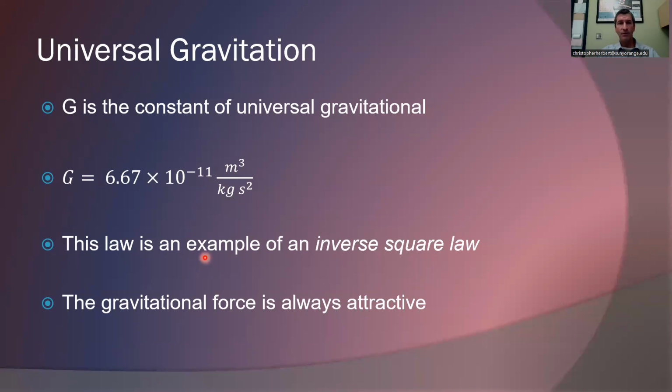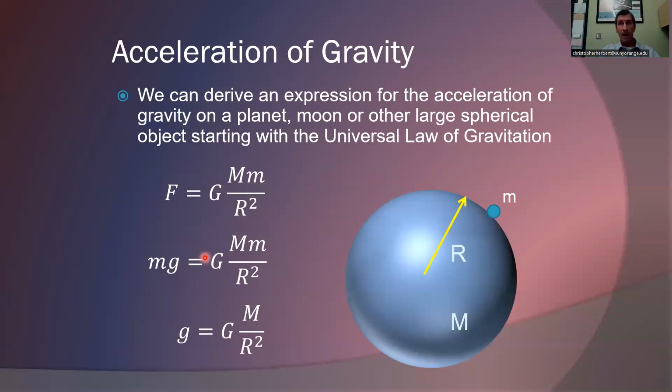We have to go to a body which is massive enough where it can exert an appreciable force. And of course, this would be a planet, a moon, maybe an asteroid, which we're going to take a look at a little bit later. Even things like comets can have an appreciable enough gravitational force that it can be observed.